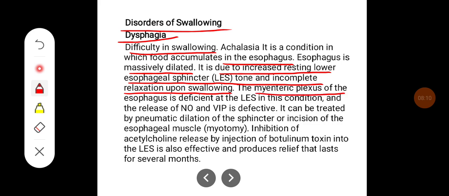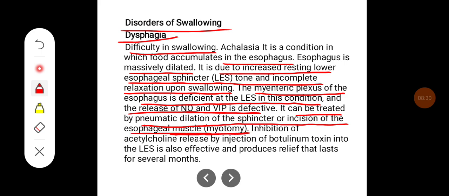The myenteric plexus of the esophagus is deficient at the lower esophageal sphincter in this condition, and the release of nitric oxide and VIP is defective. It can be treated by pneumatic dilatation of the sphincter or incision of the esophageal muscle, that is also called myotomy. Inhibition of acetylcholine release by injection of botulinum toxin into the lower esophageal sphincter is also effective and produces relief that lasts for several months.